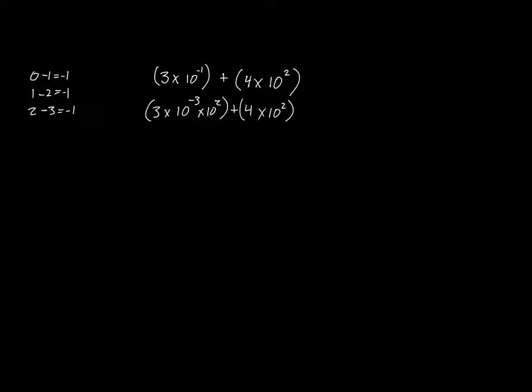That's where those two numbers came from. Now we're going to multiply 3 times 10 to the -3rd power. That will give you 0.003 times 10 to the 2nd power plus 4 times 10 to the 2nd power.